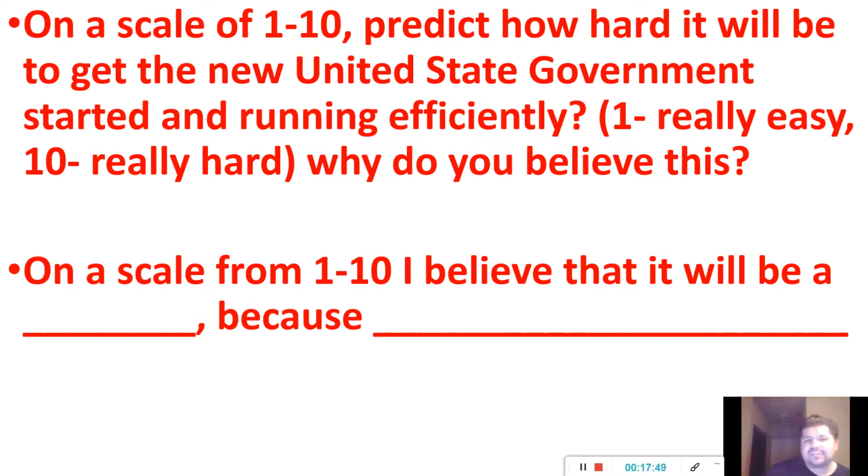They've been planning this out, so it should be like a piece of cake. Or would you go somewhere higher? And 10 being extremely difficult, almost near impossible to get it going. So what do you think? On a scale of 1 to 10, how hard do you think it would be to get the new United States government started and running efficiently?